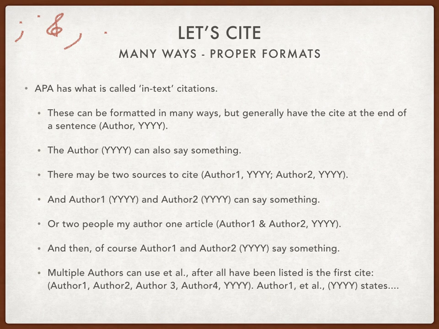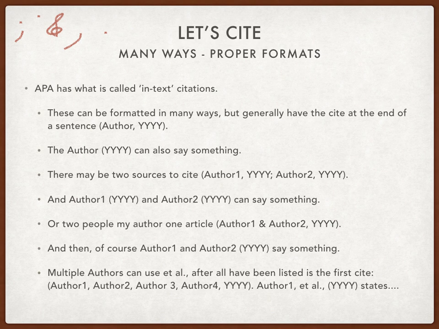Notice where the period is. It's after the cite, not before the cite. If you put it before the cite, then the cite goes with the next sentence, and that may not be the case at all. You can also put, hey, this author said something. Well, you have to just state where that is and the publication year.